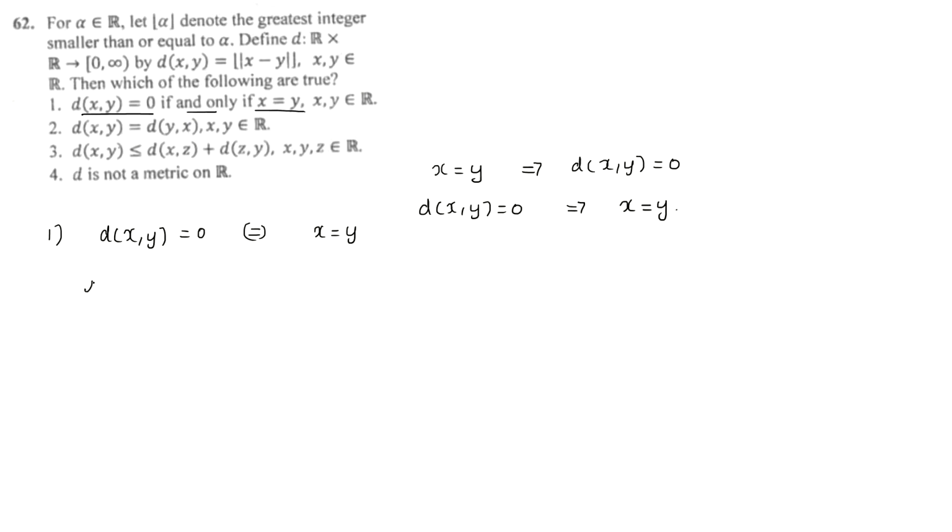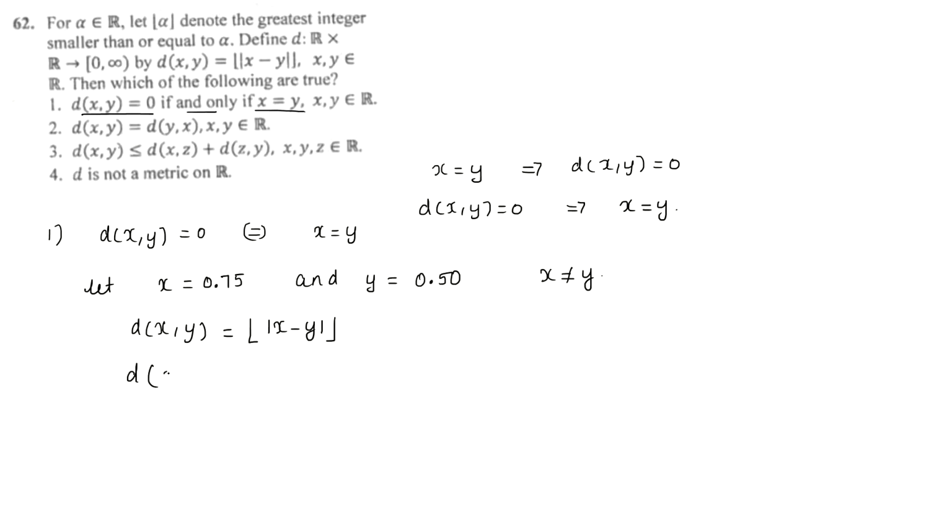So now let x be 0.75 and y be 0.50. Then clearly x is not equal to y. Then d of x, y is the greatest integer smaller than or equal to mod x minus y.